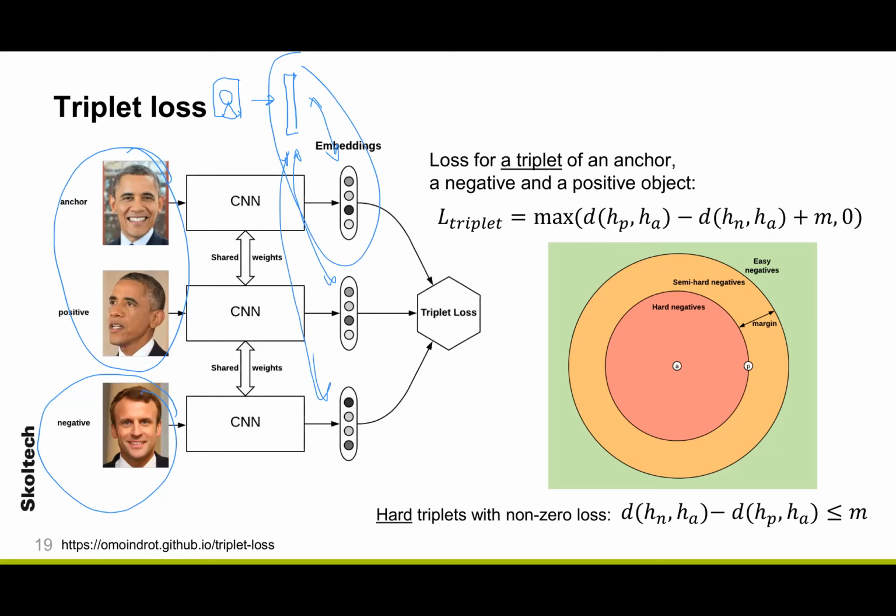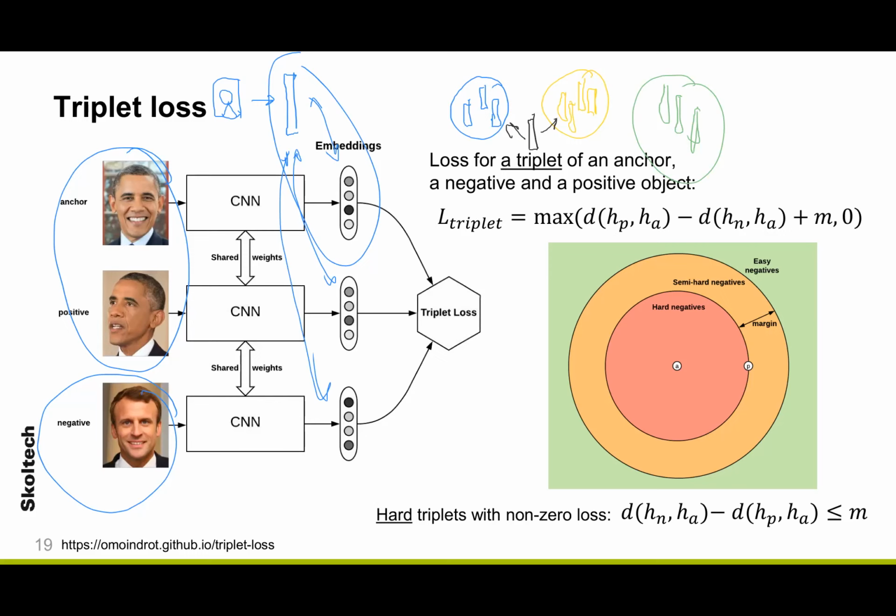When a new class appears in the test sample, we just form a separate cluster of images and embeddings related to this new class, and we can proceed as before. If we have a new input image, we just compute its embedding and look at how close it is to the other clusters. So basically, it's how we use this model in most cases.